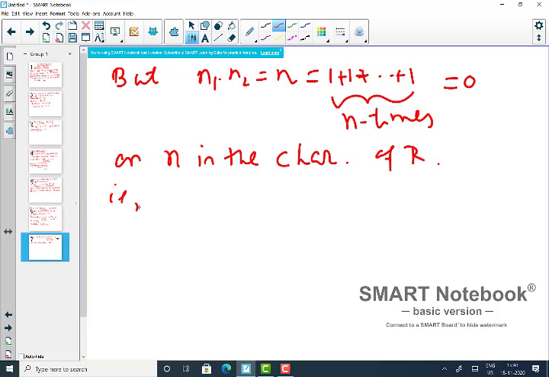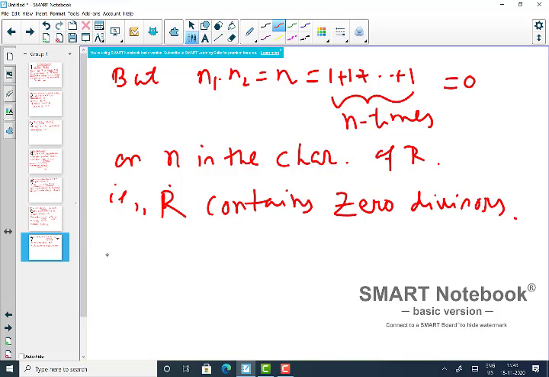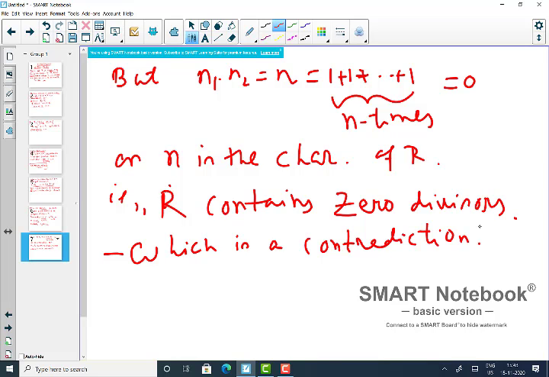That means R contains zero divisors, right? Which is a contradiction, because R is an integral domain. Okay, so the characteristic cannot be a composite number.